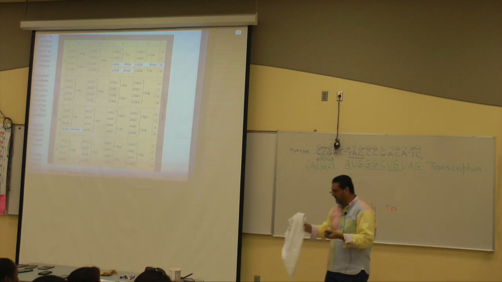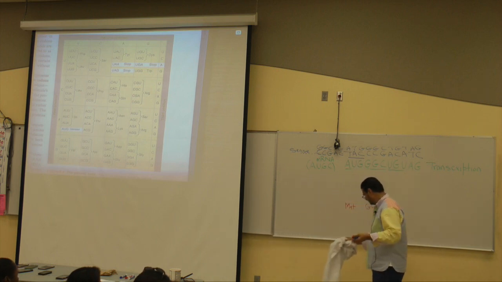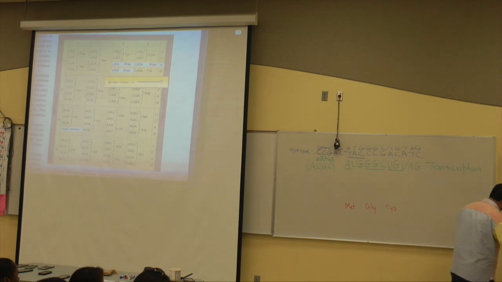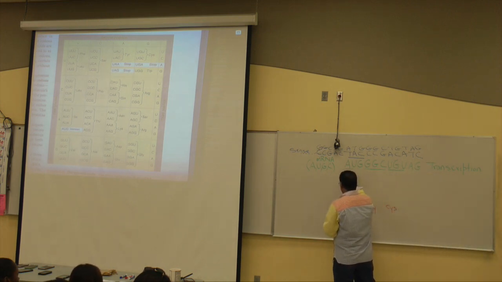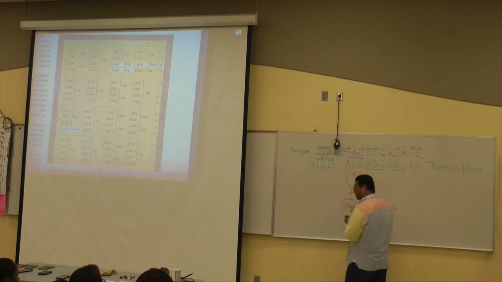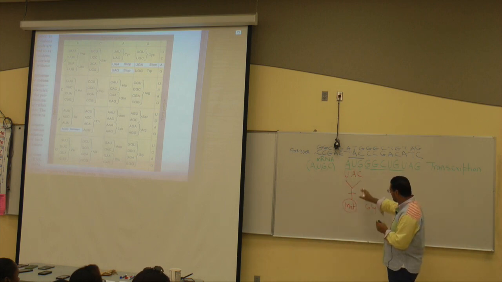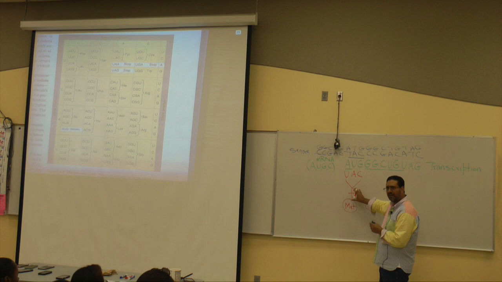Remember, these codons are reacting with anticodon at the A site, U, A, C. Right? This is what's happening. This is tRNA reacting at the A site in the ribosome.